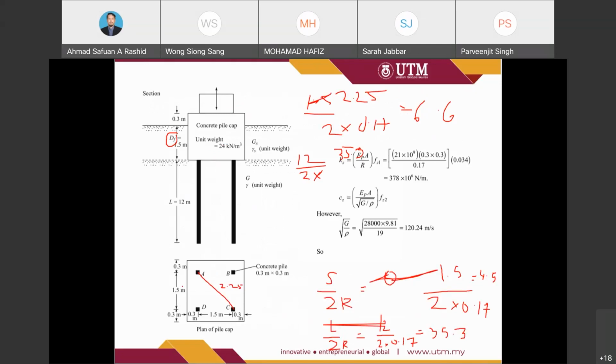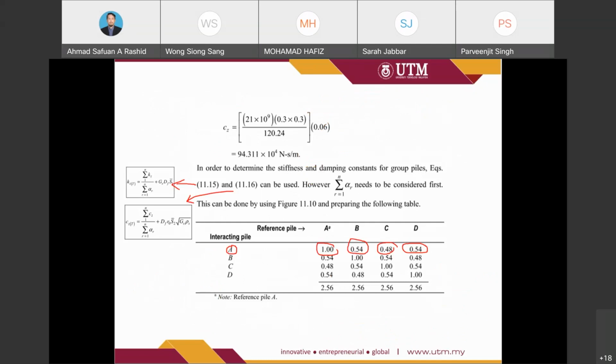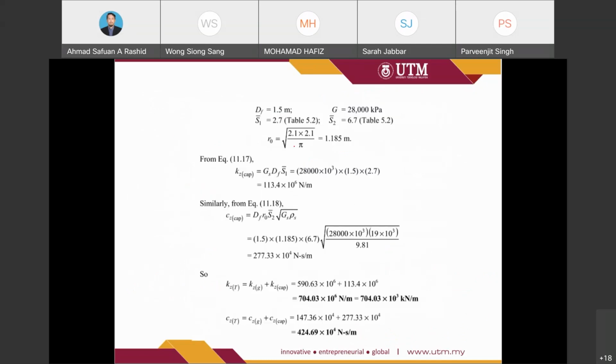So how to get the R naught? This is 2.1, the area of the pile cap, 0.3 plus 0.3 plus 1.5, 2.1. Then we make it into a radius. So that is for the R naught, the radius of the pile cap.